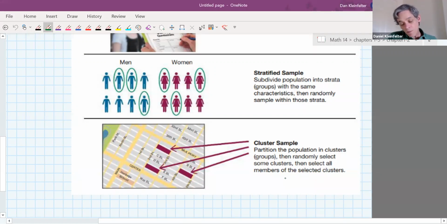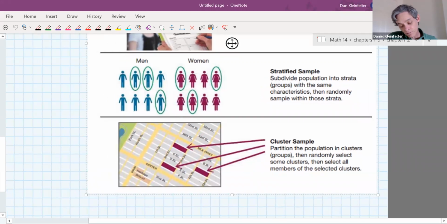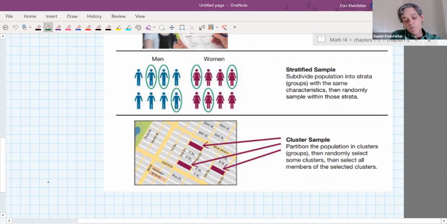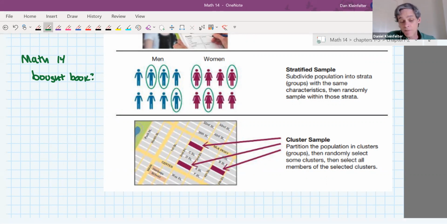Okay, so an example, again, taken from students. Let's say that we wanted to know how many Math 14 students actually bought the textbook. How many bought a physical textbook versus just getting MyMathLab and then the ebook?